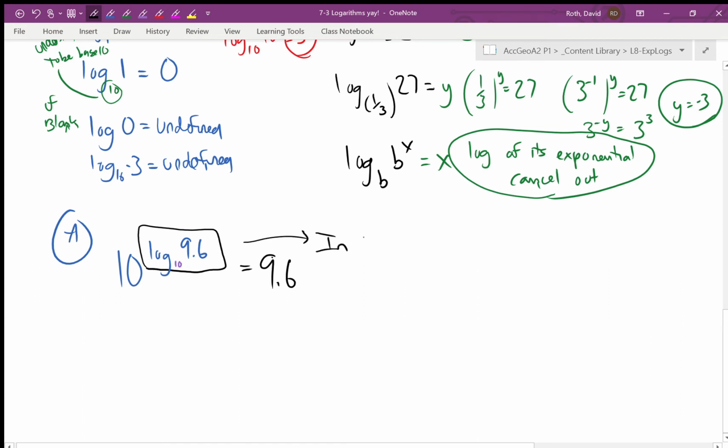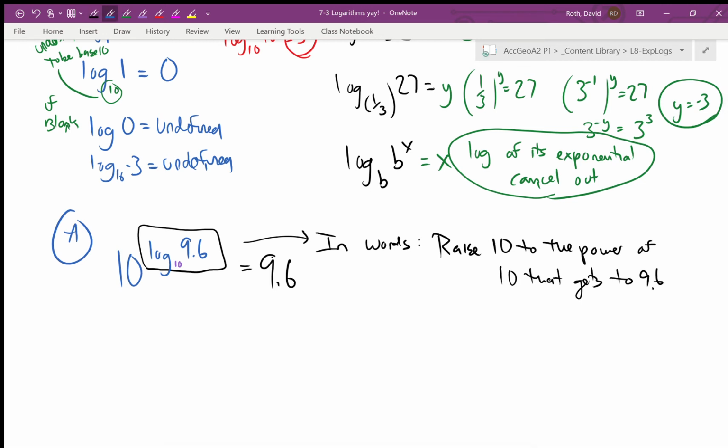In words, raise 10 to the power of 10 that gets to 9.6, and the idea here is the exponent of a log also cancels out.